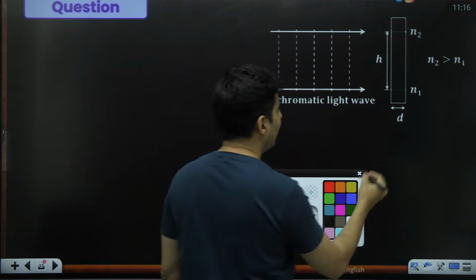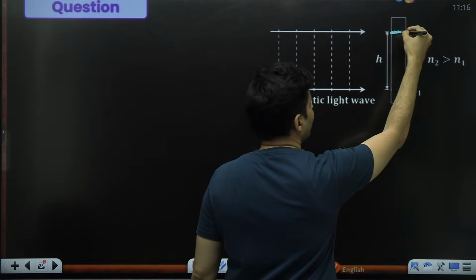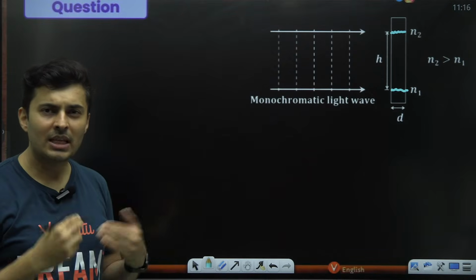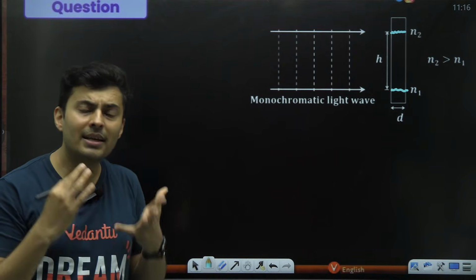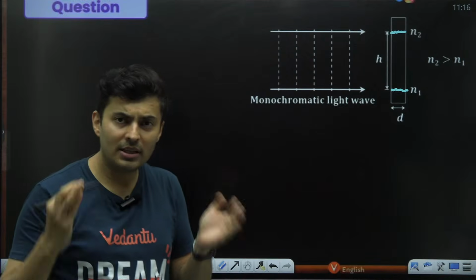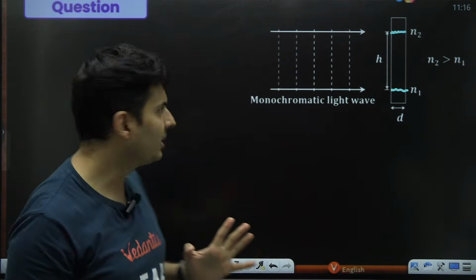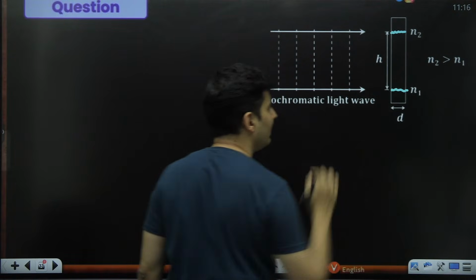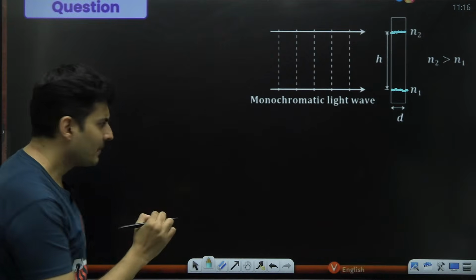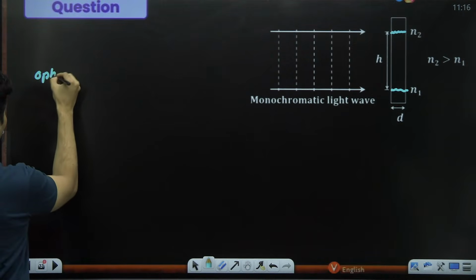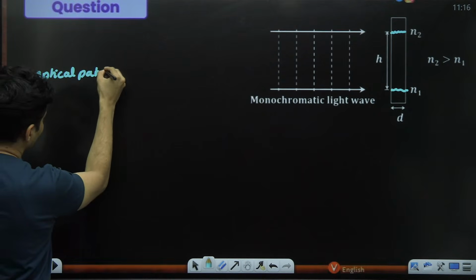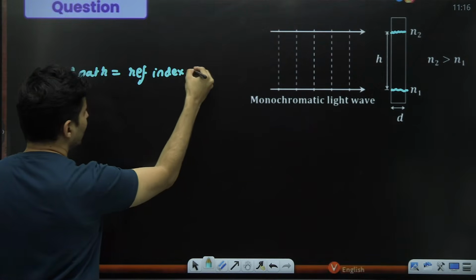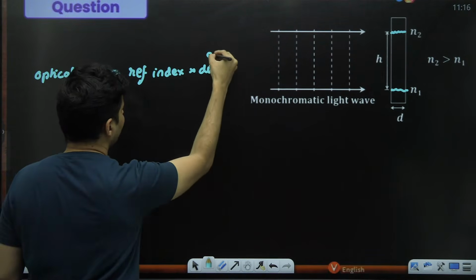See, consider that ray which is going here versus which is going here. There is some path difference between them. That is what will give me the deflection eventually. See, the ray number 1 is traveling in a refractive index n1. So the optical path which we have discussed before is refractive index multiplied by the geometrical distance.